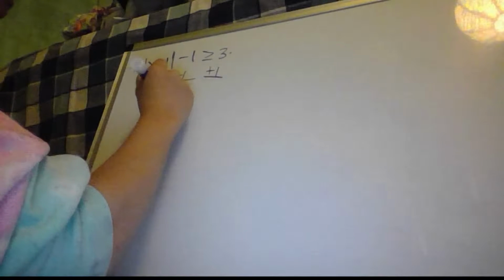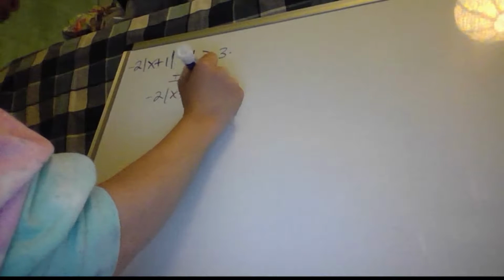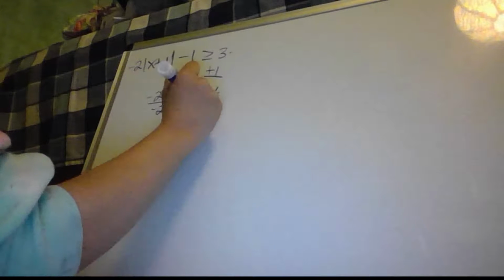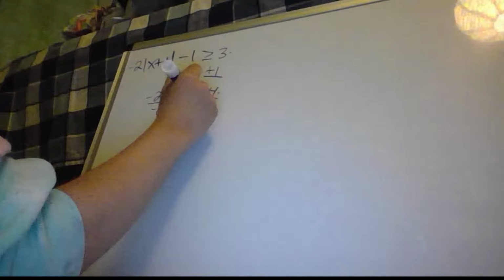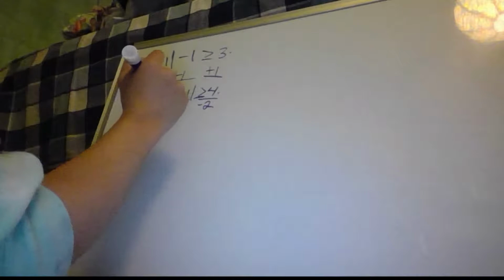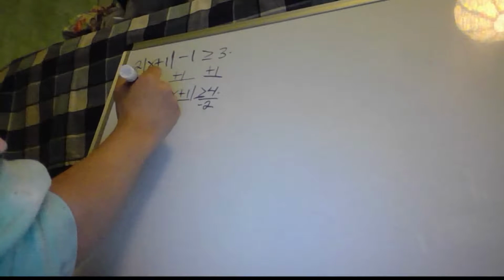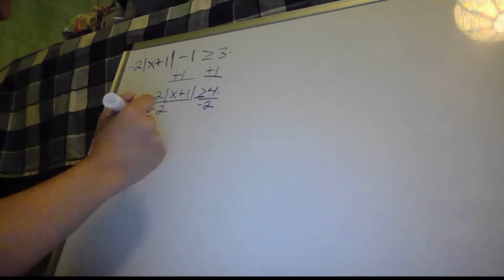So then we have negative 2 times the absolute value of x plus 1 is greater than or equal to 4, right? So then we're going to divide by negative 2 on both sides. And notice that since it's divided by a negative, you want to switch the sign.